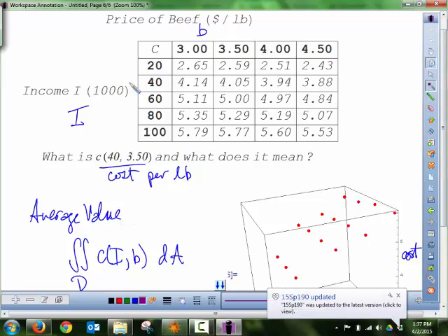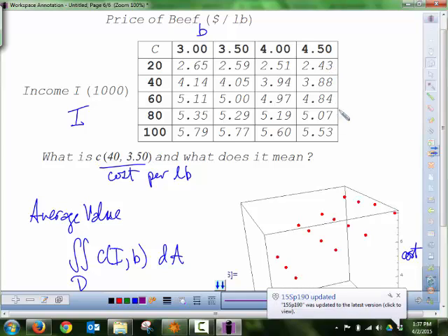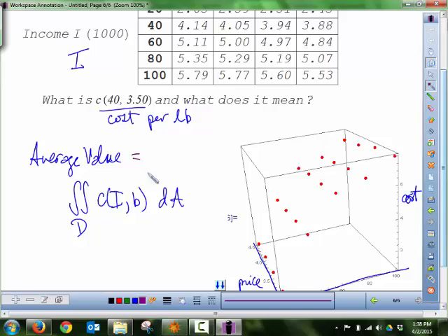That's the average value when your income goes between 20 to 100,000, and the price of the beef goes from $3 to $4.50, and what's going to be your average value over that domain. So the average value is going to be given by not just this double integral, but we also have to divide out by the area of your domain.